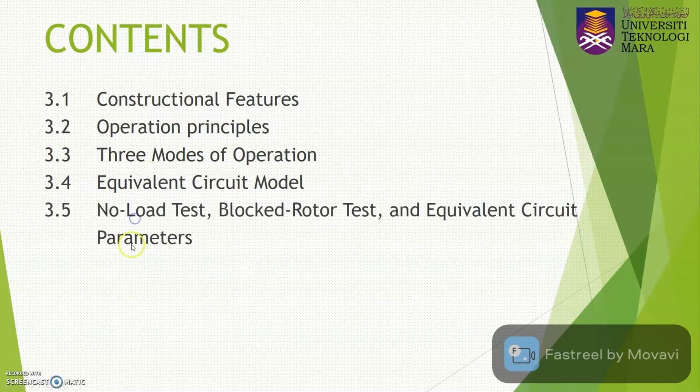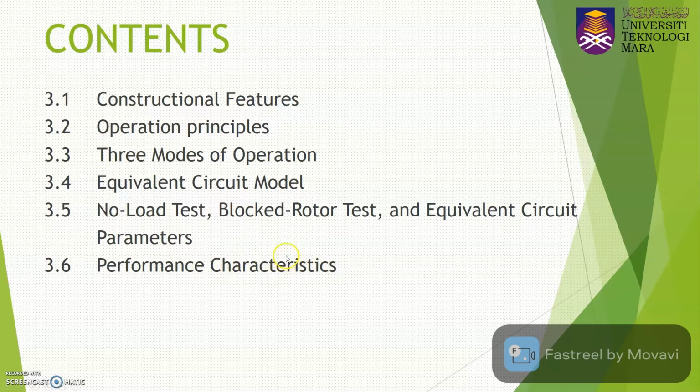Then we are going to see several tests, which are the no load test and the blocked rotor test. These two tests are used to determine the equivalent circuit parameters for the induction machine.